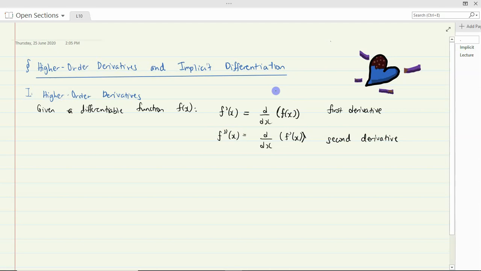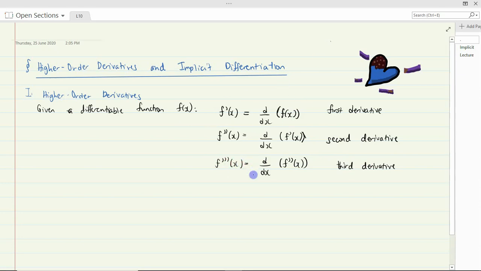Let us continue. At this time, ang kunin natin ay ang derivative with respect to x ng ating second derivative. And you can guess na ito na ay ang ating third derivative, which we denote as such, f triple prime of x.